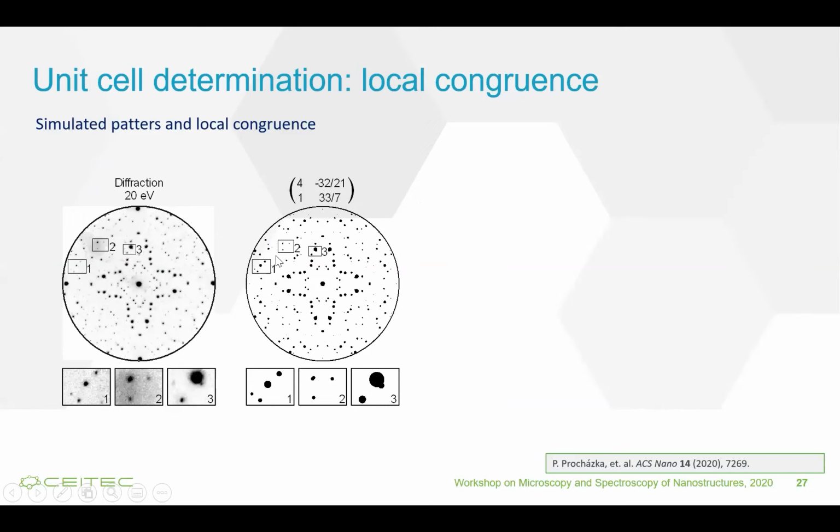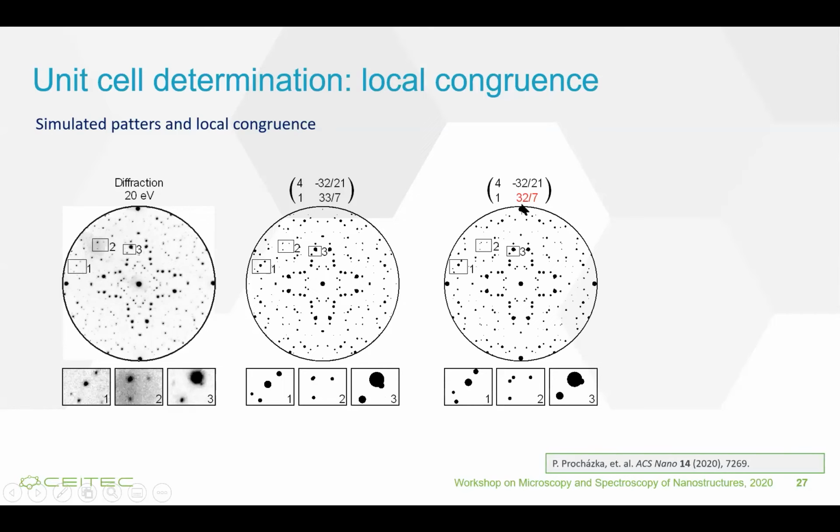And then we can select a few areas just to make a better composition. So these are imaged here, and we really see that if we calculate, the mutual position of the spots is almost the same as in the measured diffraction pattern.